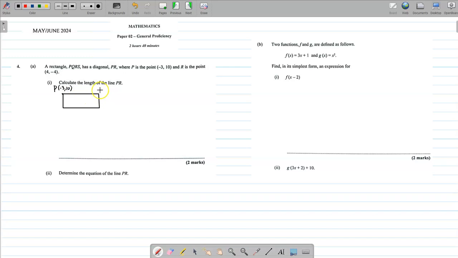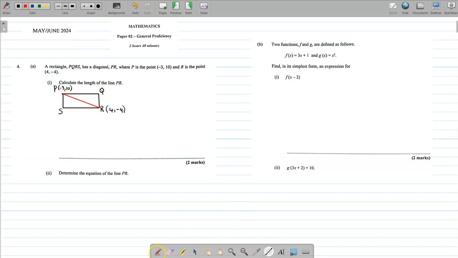This is the point Q, then this is R, and that's S. The point R is (4, -4). Now they want you to determine the length of the line PR, which is this length here. I'll annotate this as well. They want the length of the diagonal here.